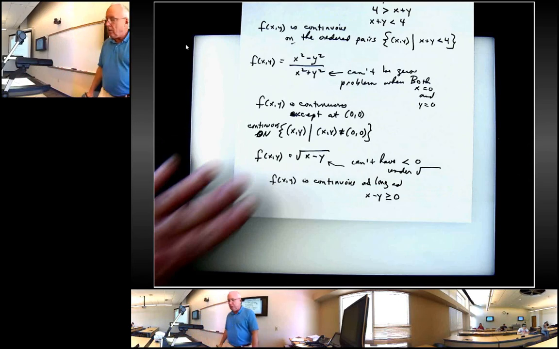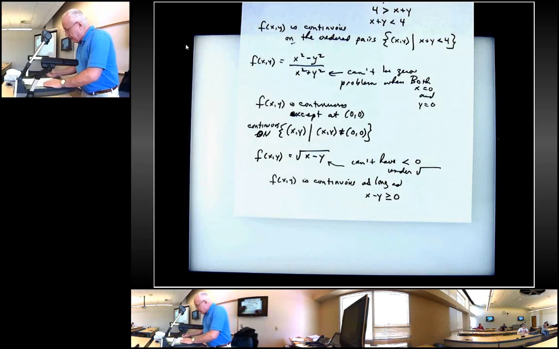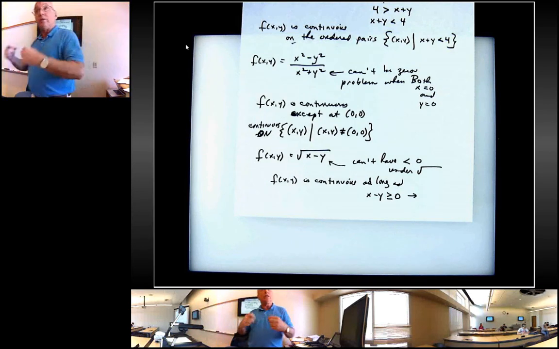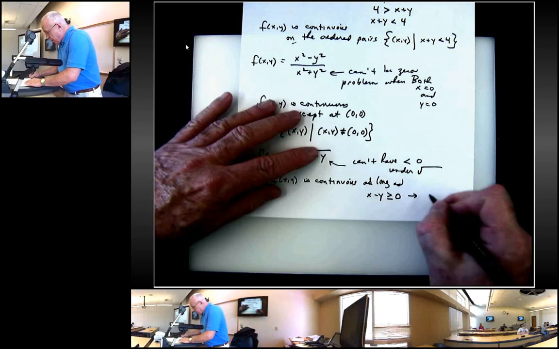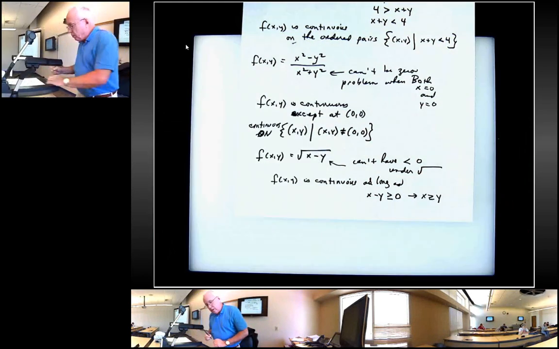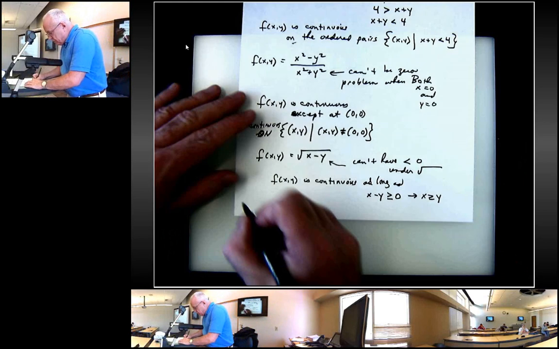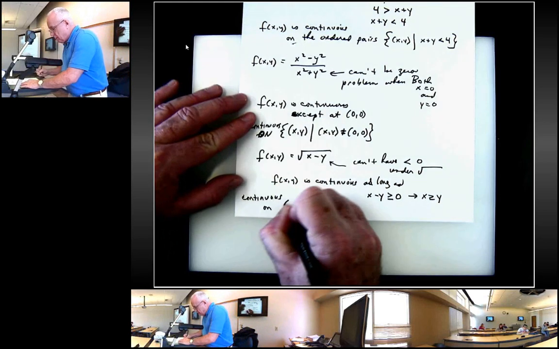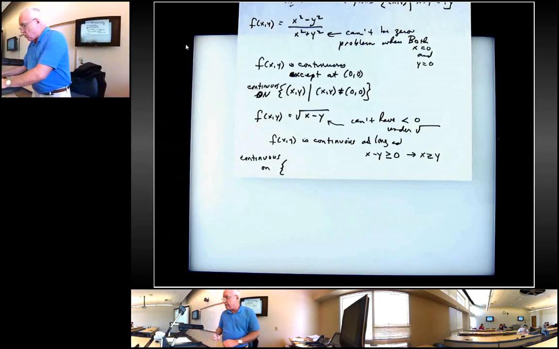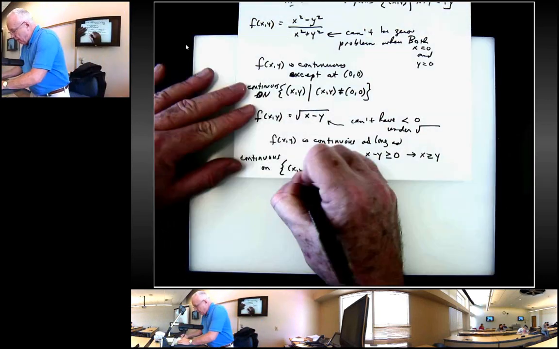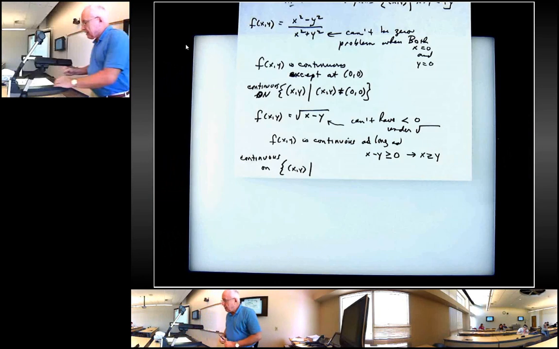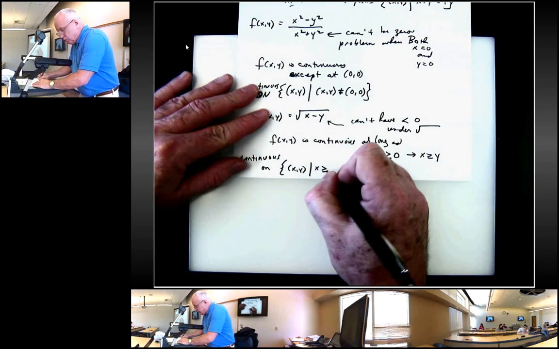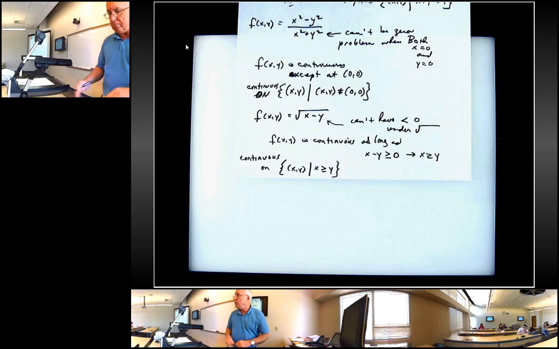Could be 0. And another way of putting that, if I add y to both sides, as long as x is greater than or equal to y. All right? So we can say it's continuous on the set x comma y such that x is greater than or equal to y.